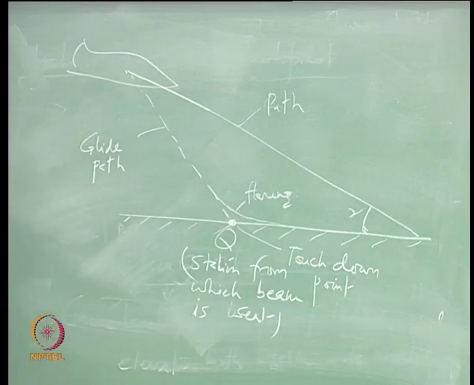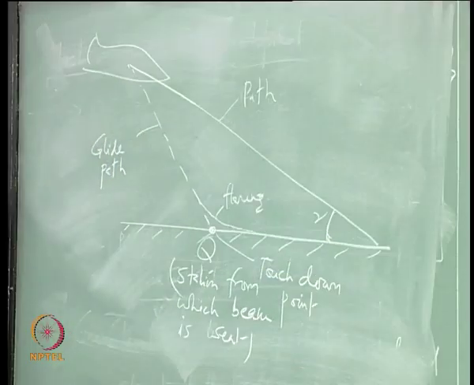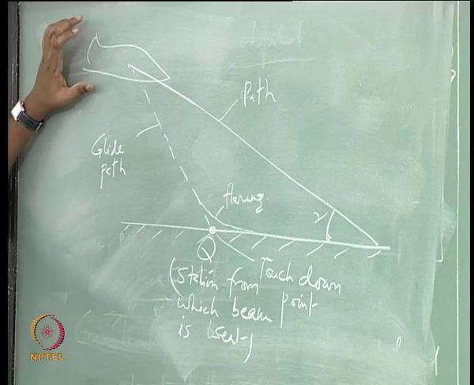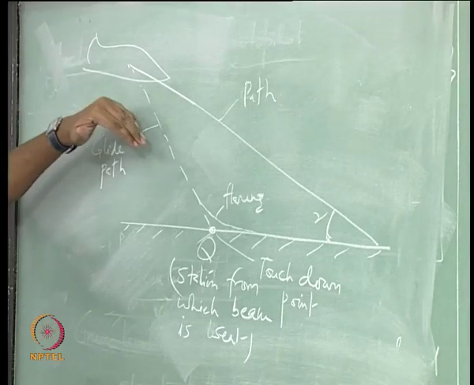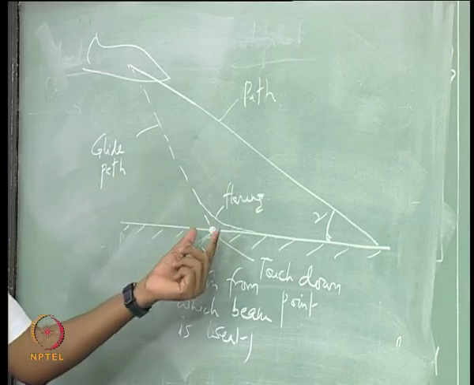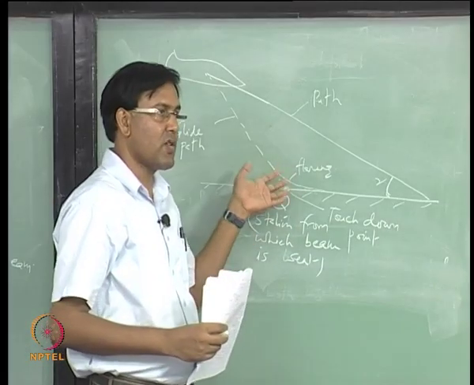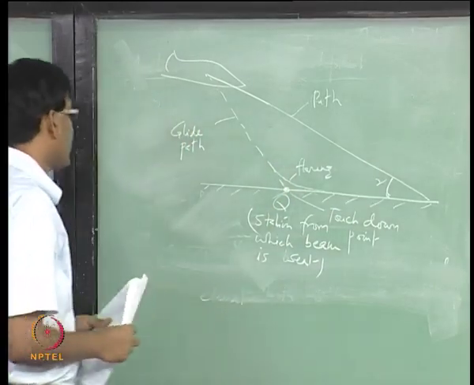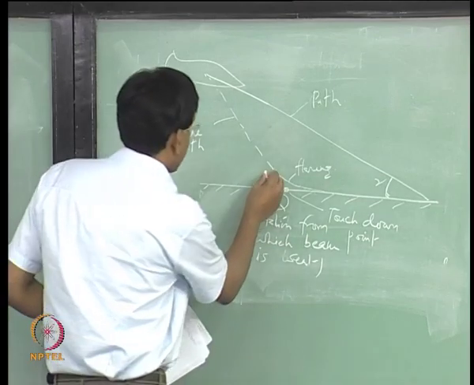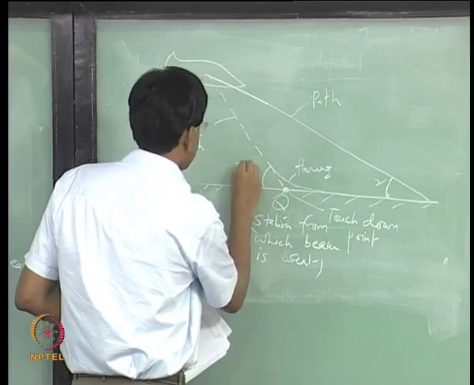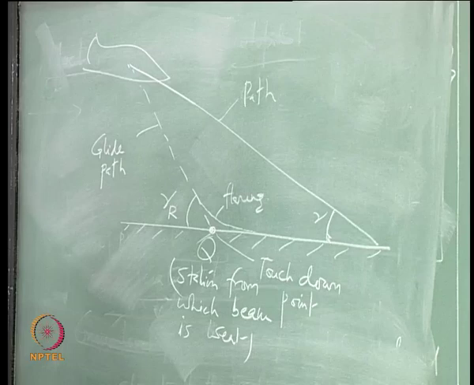So, the automatic landing system will consist of guiding the aircraft to this glide path and to flare when it is coming closer to the touchdown point, so that it can land safely. This angle is the reference flight path angle, gamma is the flight path angle.